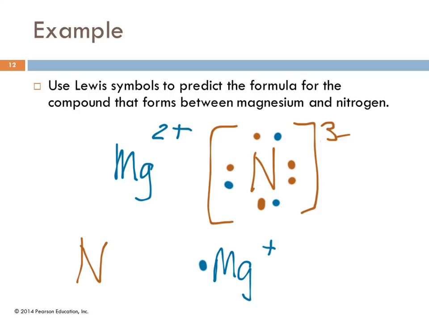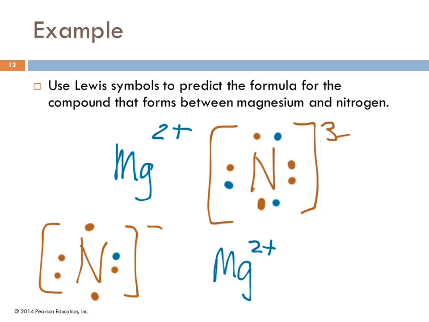So we need another nitrogen. So magnesium says, hey, you need an electron here, take this one. And then he's thinking, phew, I feel so much better now. So magnesium 2 plus. All this color changing is going to make me dizzy or something.